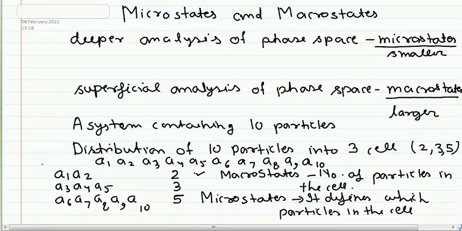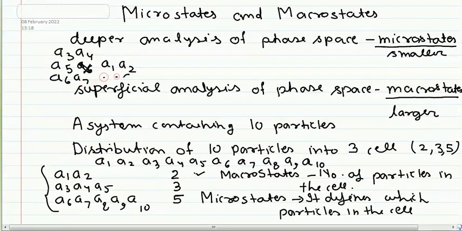So this is the one type of distribution in which we have 2, 3, 5 and A1, A2 and like this. Now we may have another distribution, let us say A3, A4 in the first cell, and then A5, A6, A1, A2 and A5 in the second cell, and then the remaining, again A6, A7 up to A10.